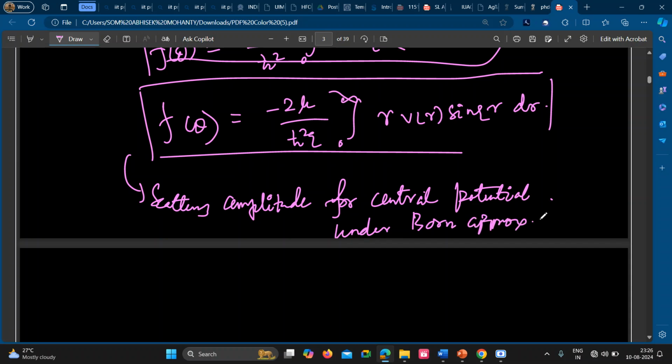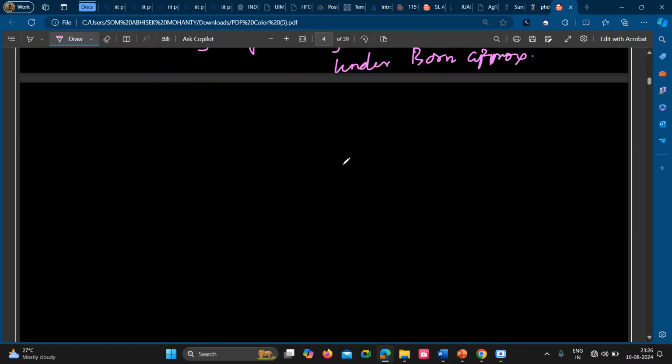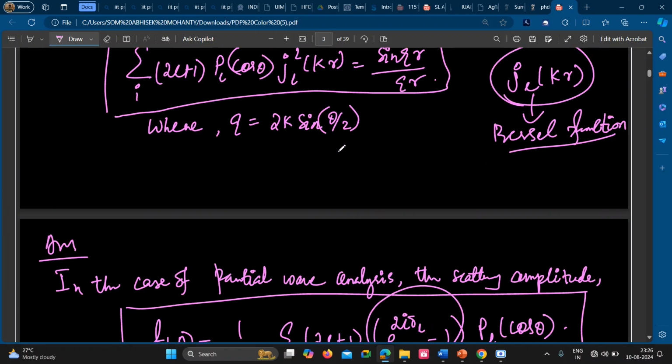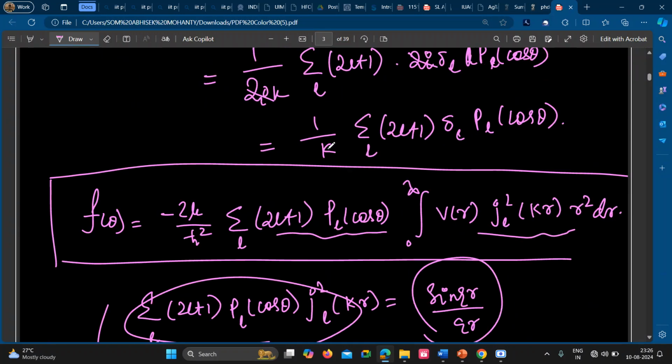Please remember this and practice more questions on it. Let's do one question exactly on this formula, where the potential V(r) will be given, you just have to put it in and solve the integration. So this will be your question number 6.